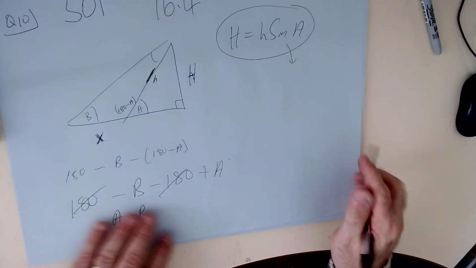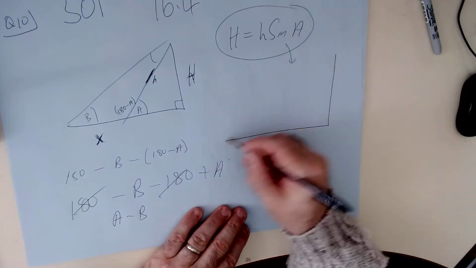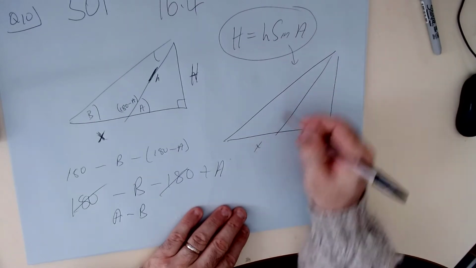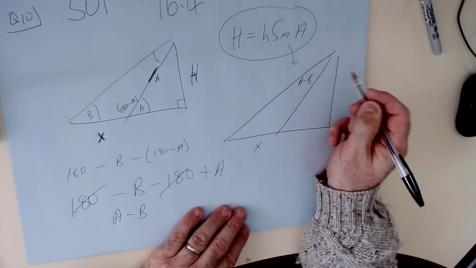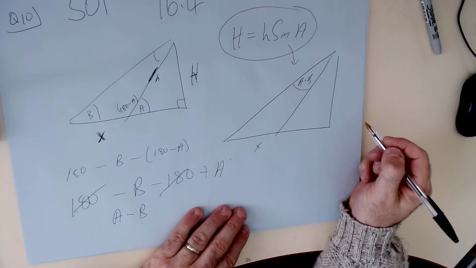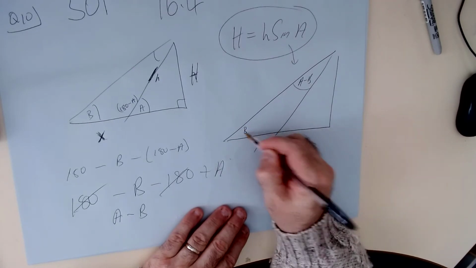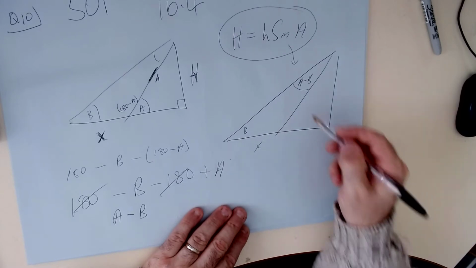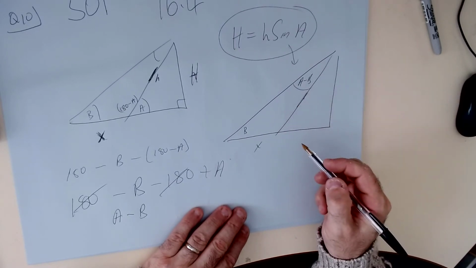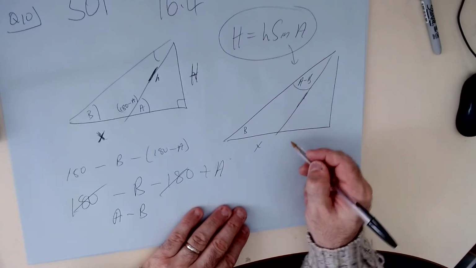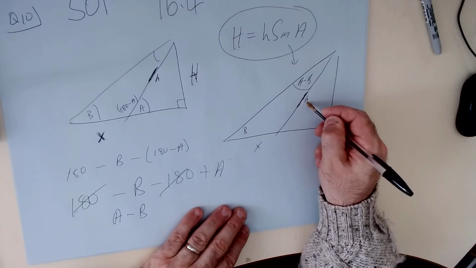Okay, so what we're looking at now is x with A minus B opposite. Okay, and we have B here. So that's the only information we need to get this. So we're interested in the hypotenuse.